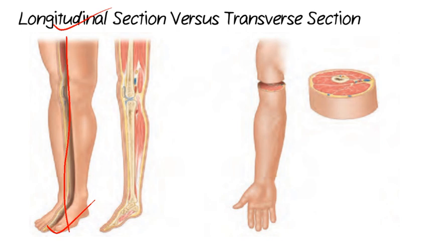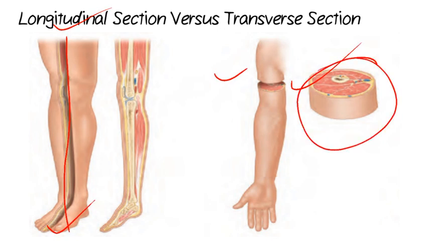Dividing this upper limb from left to right will give you a transverse section, where you have an upper portion and a lower portion of the particular structure that you are sectioning.